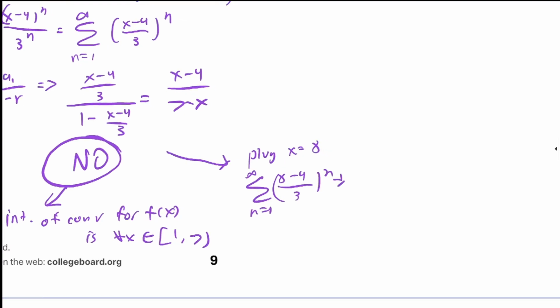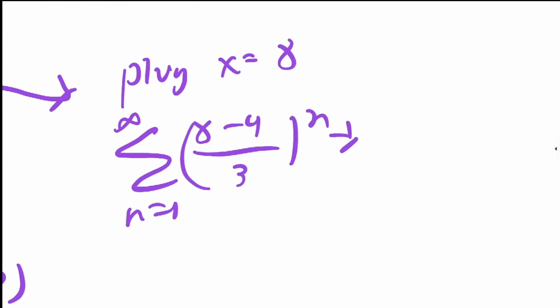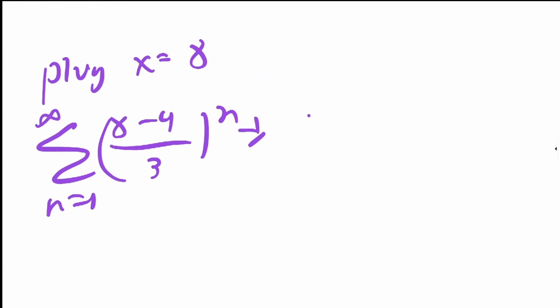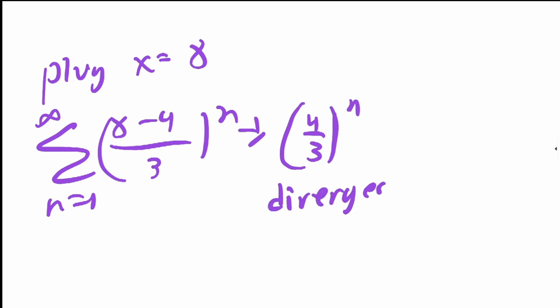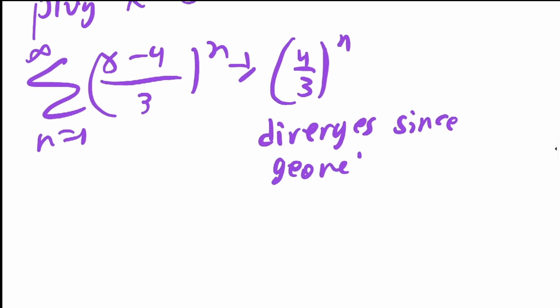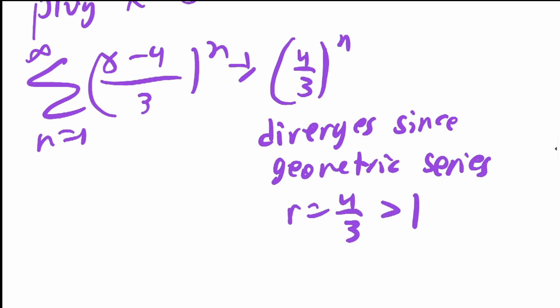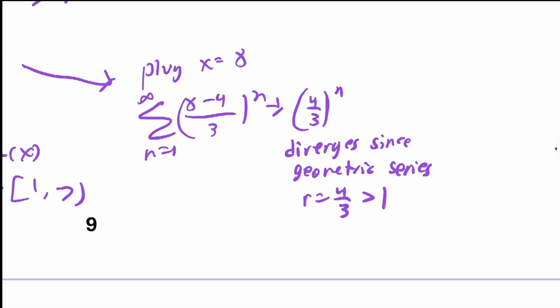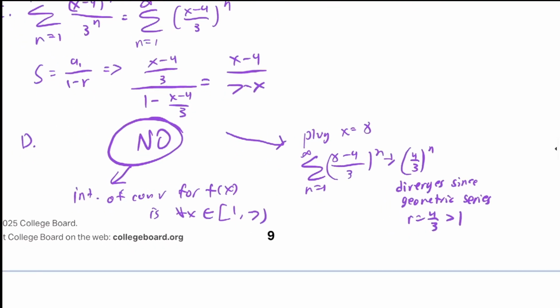And this inner part is the same as (4/3) to the n, which diverges since the geometric series has r equals 4 over 3, which is greater than 1. Okay, so there's two ways you could have really argued this, and yeah, so there you have it, guys.